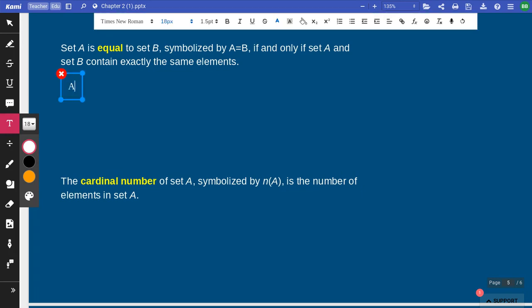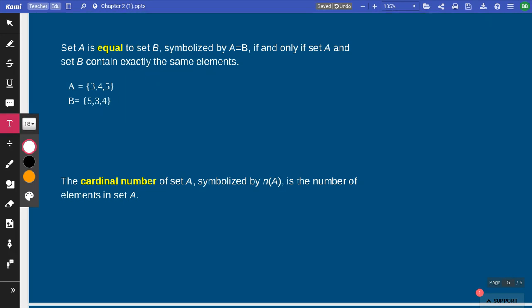So if I have set A is, let's say, 3, 4, 5, and set B is 5, 3, 4.